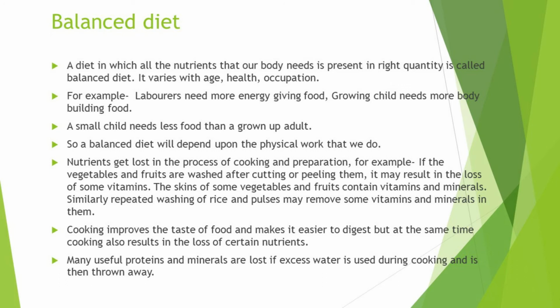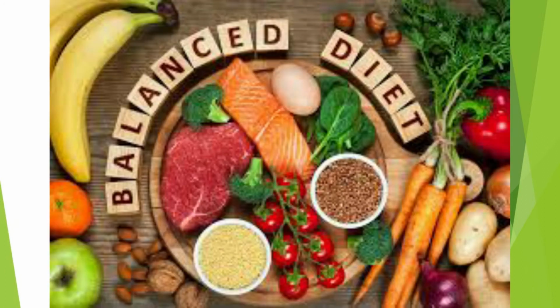Nutrients get lost in the process of cooking and preparation. For example, if the vegetables and fruits are washed after cutting or peeling them, it may result in the loss of some vitamins. The skins of some vegetables and fruits contain vitamins and minerals. Similarly, repeated washing of rice and pulses may remove some vitamins and minerals in them.